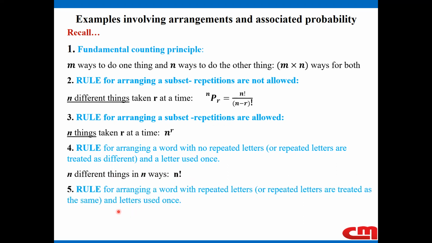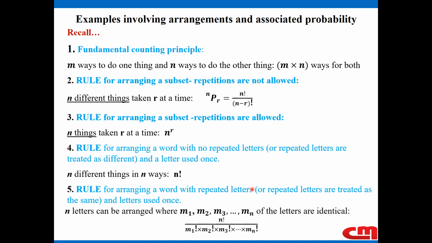Number five, rule for arranging a word with repeated letters. That is, it can also be stated that repeated letters are treated as the same. So when you have a word with repeated letters, that means we have to recognize that they are there.